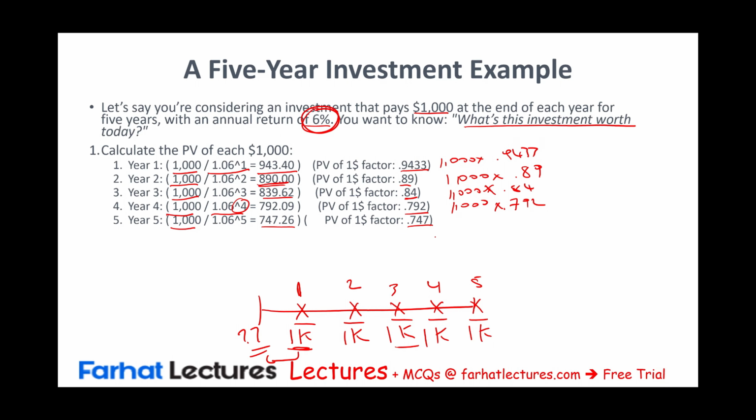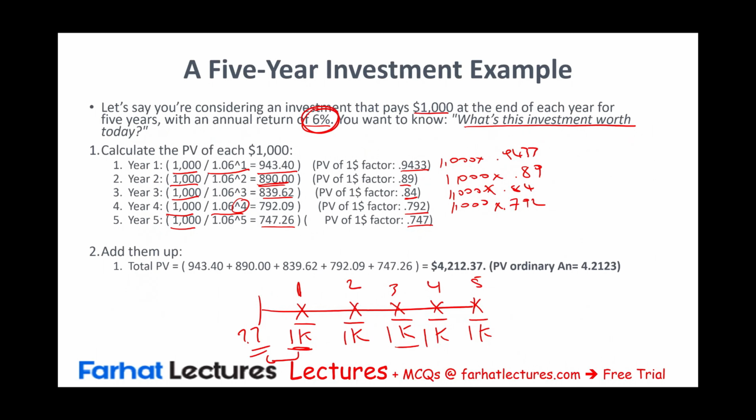The factor is 0.747. Let's add them up. If we add them up, you have to pay today $4,212.37.